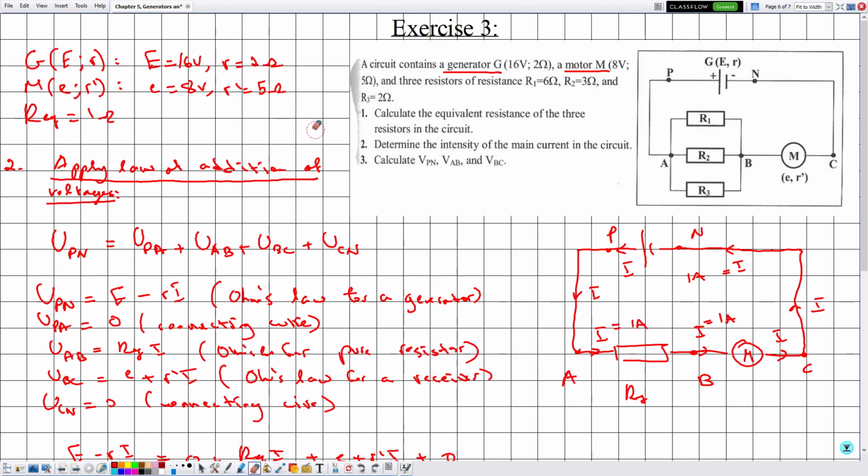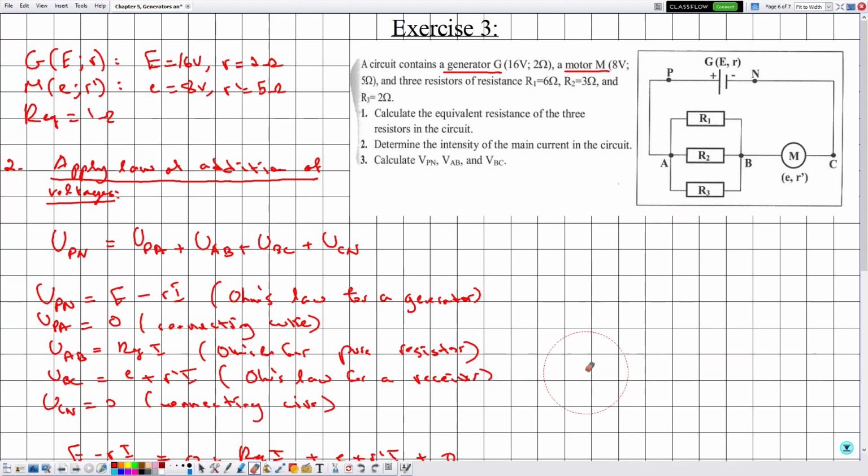Now on number 3, they are telling me to calculate the voltages UPN, UAB, and UBC. This is straightforward now because we know the value of the current.